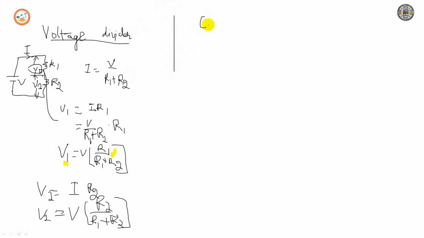Now coming to current divider rule. We have noticed that in parallel circuits, the current divides when it reaches the nodes, when the resistances are connected in parallel.